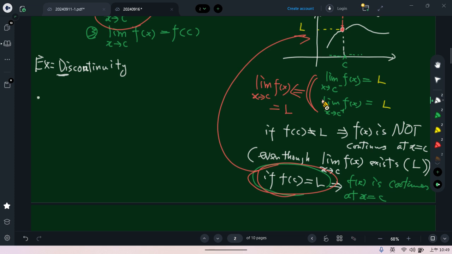The first one is the so-called jump discontinuity at x equal to 0. So just like this one, if the function is defined like this, you can see here.